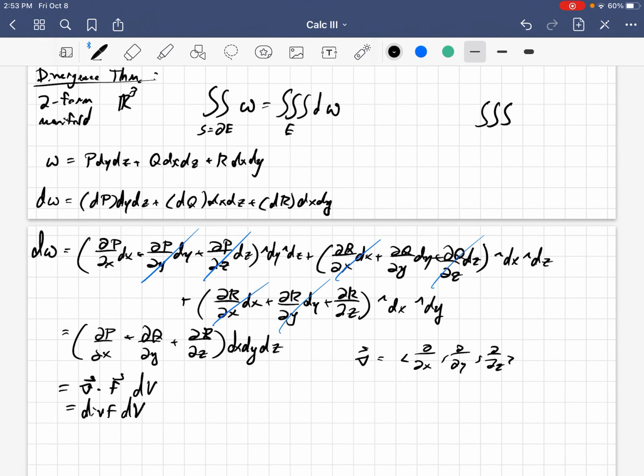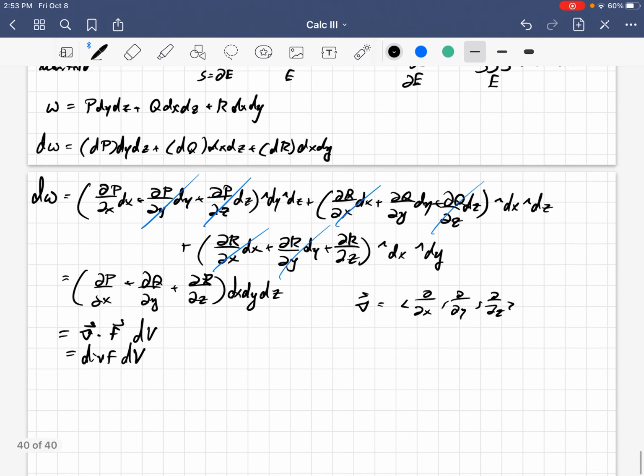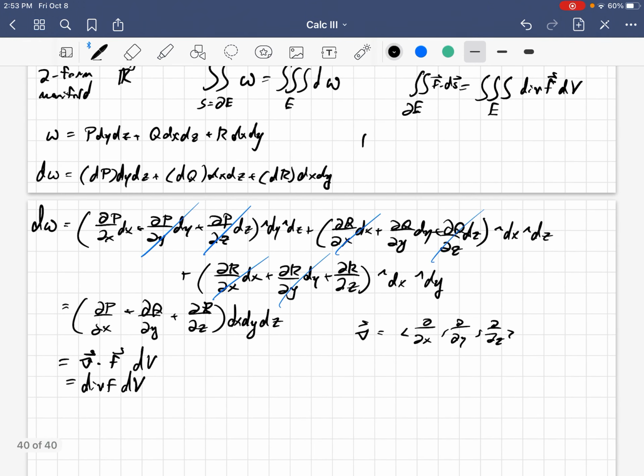So we established the right-hand side is the triple integral over the region E of the divergence of F dV. That is equal to a double integral over the boundary of E, in other words, the surface integral of F dS. Now, F we just defined as our vector field, p, q, r, of x, y, z.